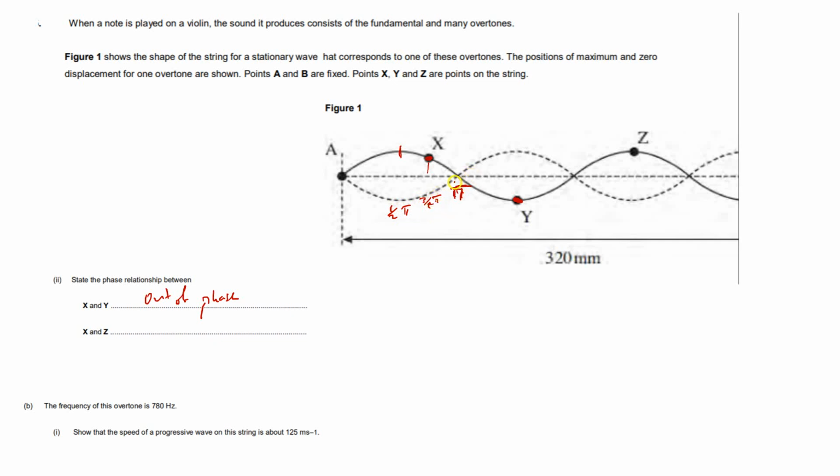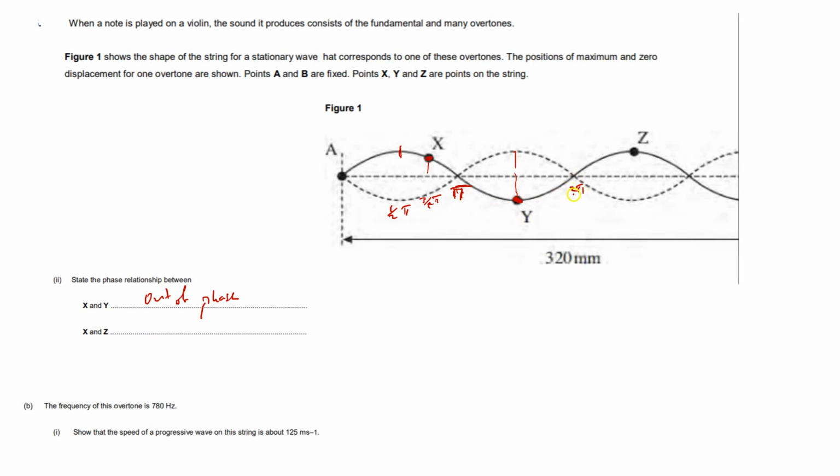And then now let's consider up to this point. If this is pi, then we know definitely that this is going to be 2 pi.